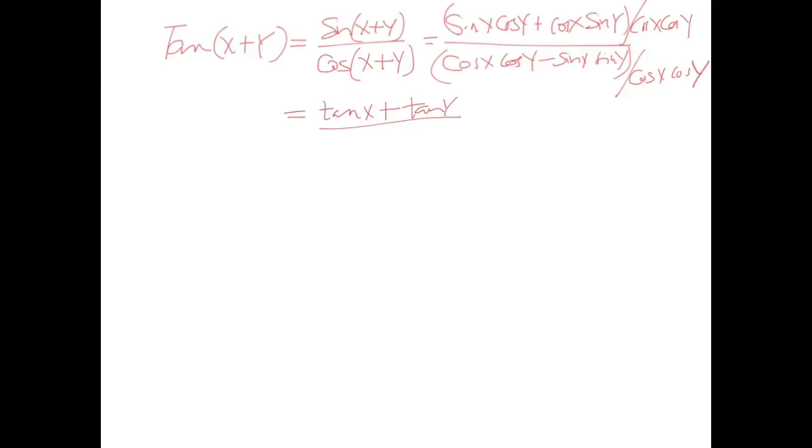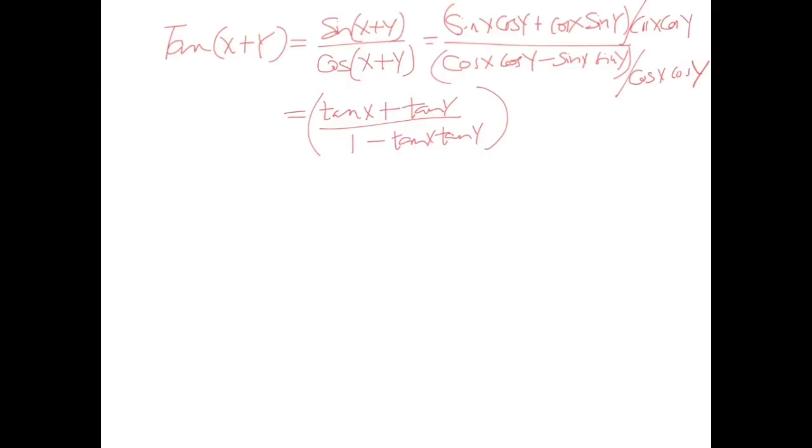In the denominator we have cos x cos y divided by cos x cos y, where the whole thing gets cancelled and we get 1, minus sin x sin y divided by cos x cos y, which is nothing but tan x tan y. So therefore this is the expression for tan(x + y).